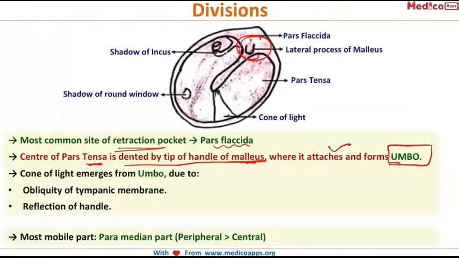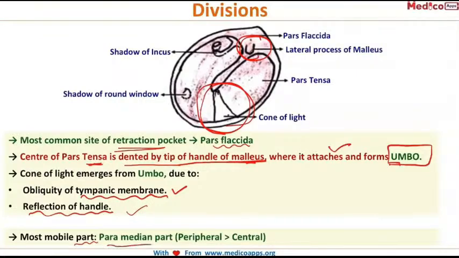Okay, the cone of light emerges from the umbo over here. As you can see, it is due to the obliquity of the tympanic membrane and the reflection of the handle of the malleus. Okay, the most mobile part of these two is the paramedian part.